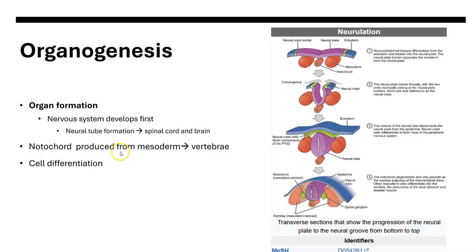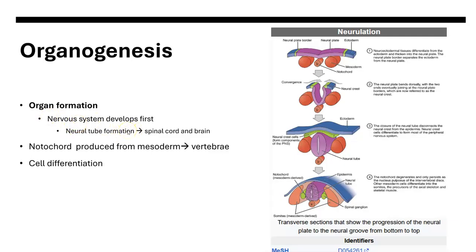And the notochord is a support system, just like our spinal column, where we have vertebrae that surround our spinal cord and protect it and give support and anchorage for muscles. The notochord, though, is derived from the mesoderm, whereas the neural tube, or our spinal cord, is derived from the ectoderm. So our vertebrae come from a different germ tissue layer than our neural tube.